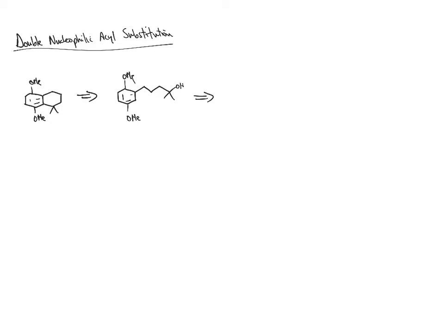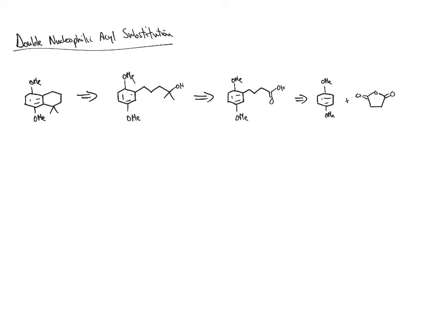We could potentially make that molecule from a precursor that has a carbonyl. And so the precursor that would have a carbonyl in this case would be the carboxylic acid. And we can make that molecule in a couple of steps from dimethoxybenzene and succinic anhydride.